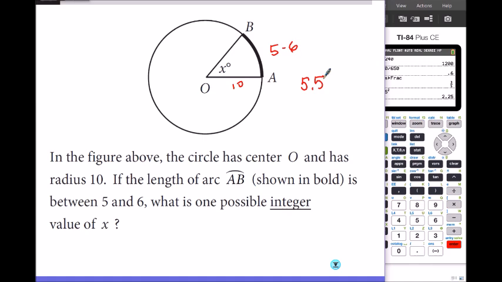And so how do you do this? x out of 360, the whole thing, times the whole circumference, which is 2 pi r, equals 5.5. Let's go ahead and find x, and the radius we know is 10. So let me go ahead and put 10 there.